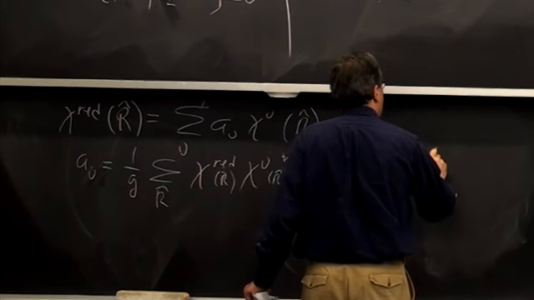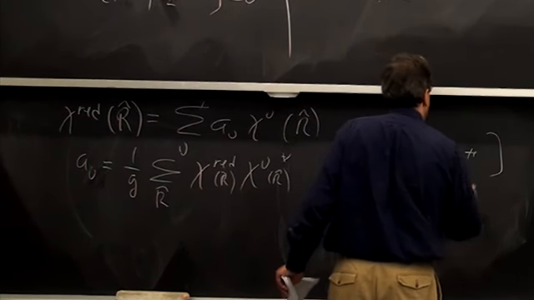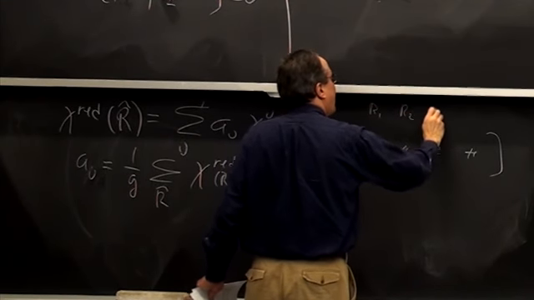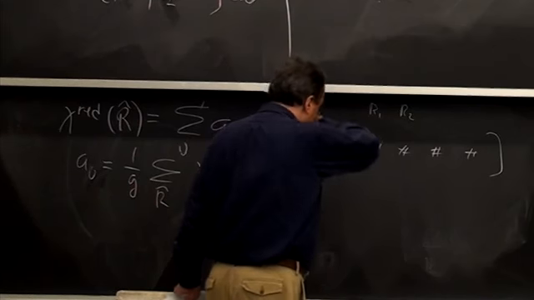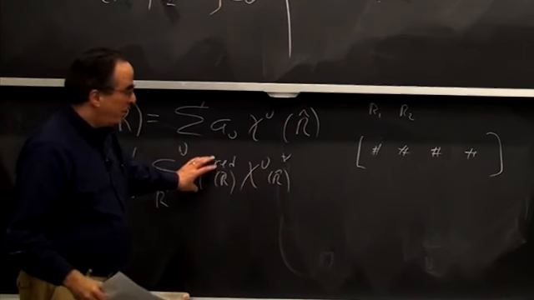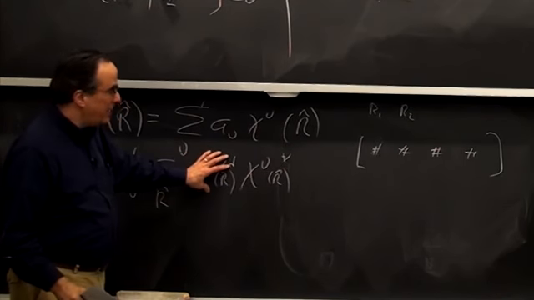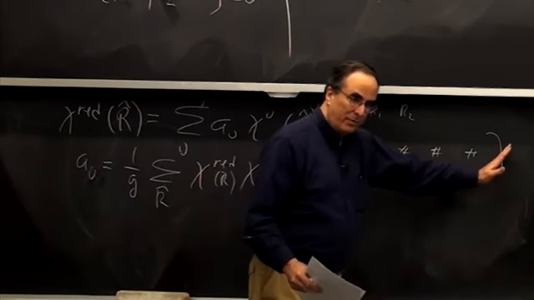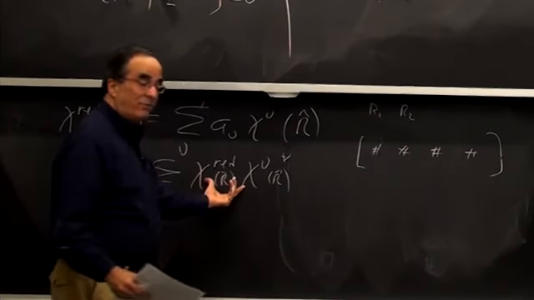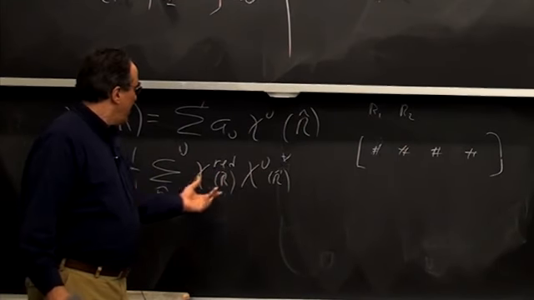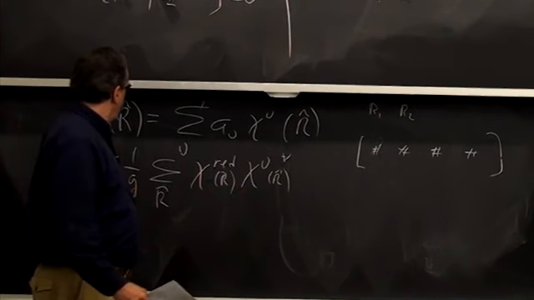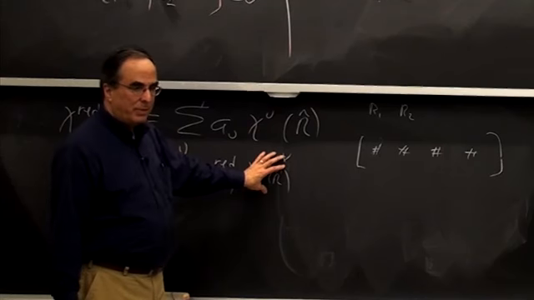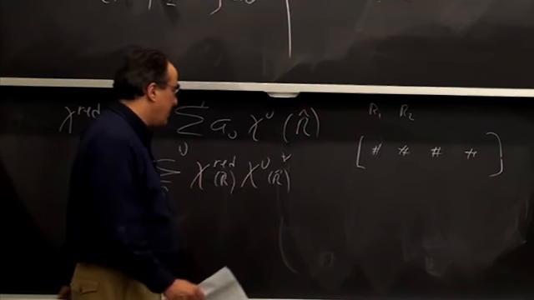Numbers corresponding to R1, R2, etc. And so both the reducible representation and the irreducible representation have the same number of numbers. So you just take these vectors and multiply them and divide by the order of the group, and you get the number of times a particular irreducible representation appears in a reducible representation.